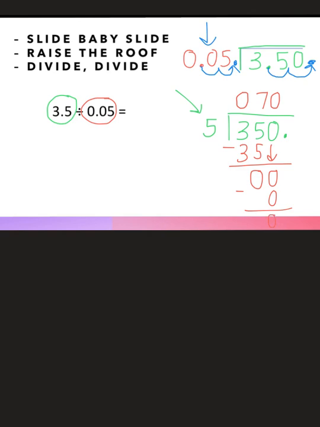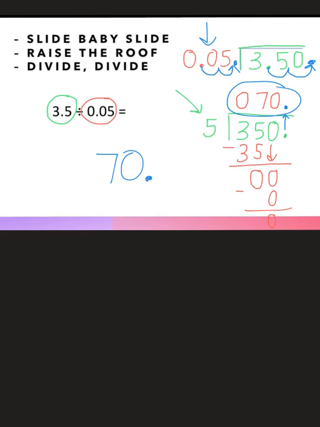Now, what do I do with that decimal? We call it raise the roof, right? You want to shoot that decimal straight up through the roof, and so it lines up perfectly with the decimal that is with your dividend. So we know if our answer right here up top says 70 and then a decimal, right?